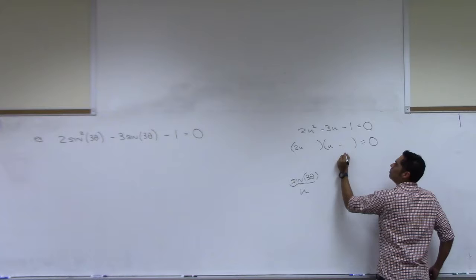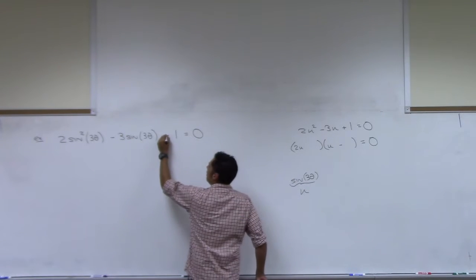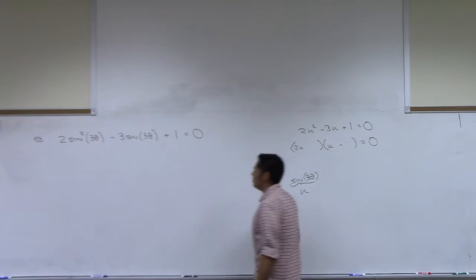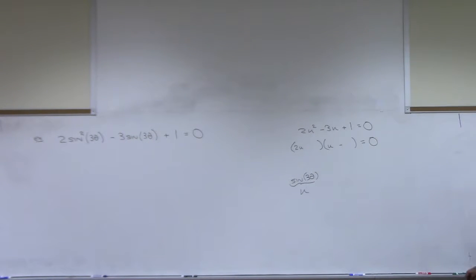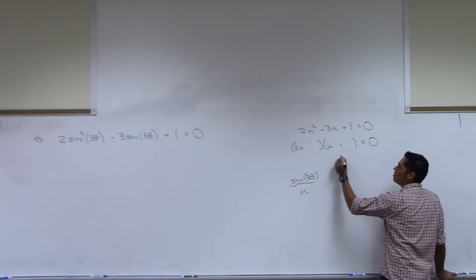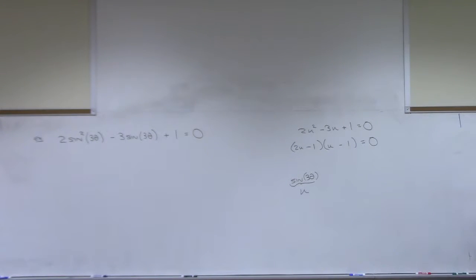Wait a minute, hold on. Yeah, let's do plus. Sorry. If I change that, I need to change the other one, so let's just turn that back to a plus. So what needs to go here? Minus 1 and minus 1. That's the way it would break down, right?